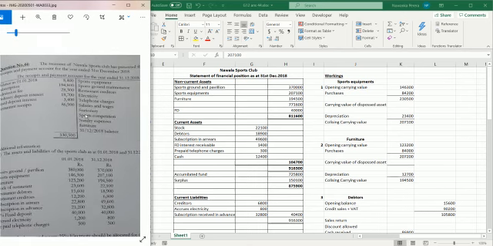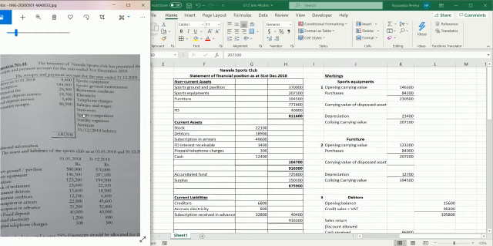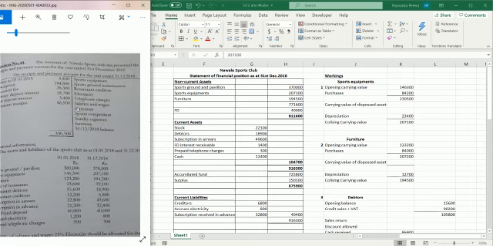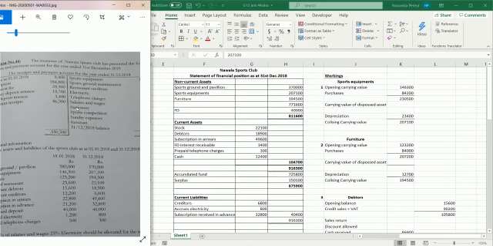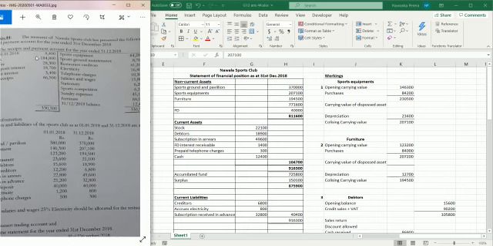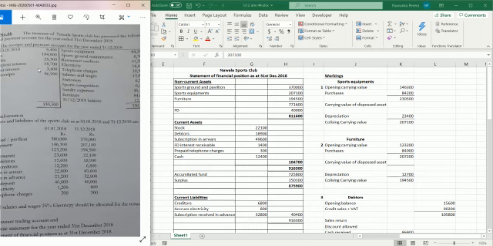In question number 44, they say, the treasurer of Naval Sports Club has presented the following receipt and payment account for the year ended 31st December 2018. Now here you are given the receipt and payment account for the year ended December 2018.